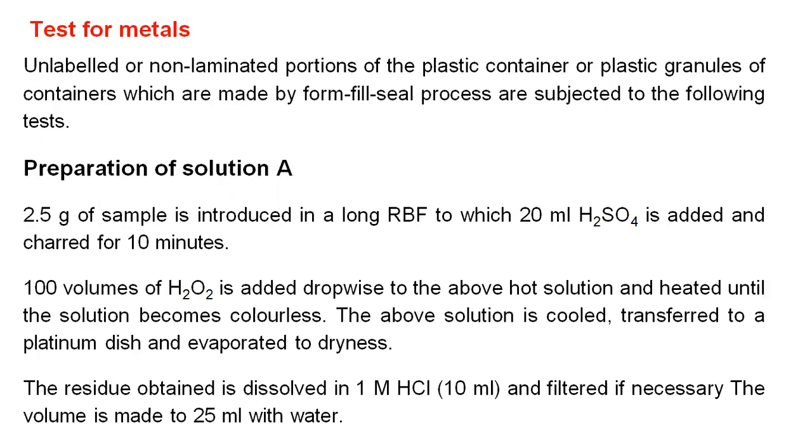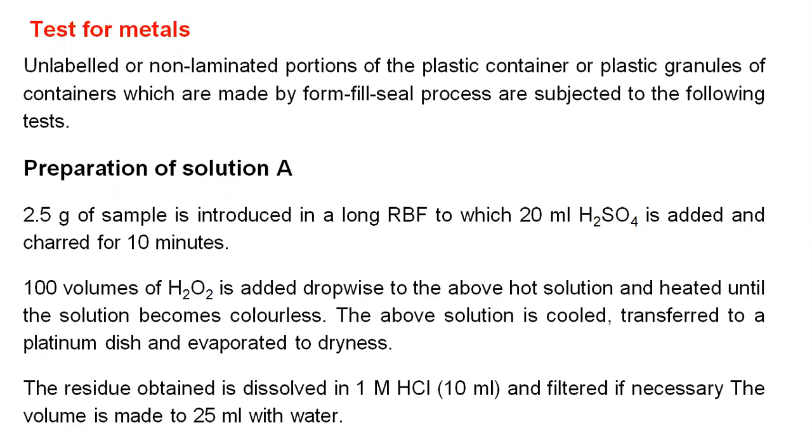Test for metals. Unlabeled or non-laminated portions of the plastic container, or plastic granules of container which are made by form fill seal process, are subjected to the following test. Preparation of solution A. 2.5 gram of sample is introduced in a long round bottom flask to which 20 ml of H2SO4 is added and charred for 10 minutes. 100 ml volume of H2O2 is added dropwise to the above hot solution and heated until the solution becomes colorless.